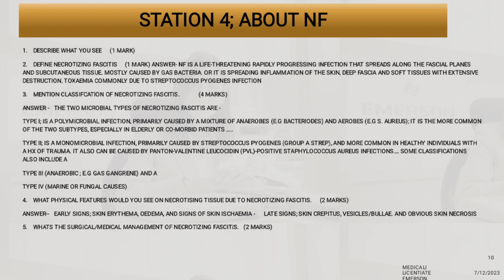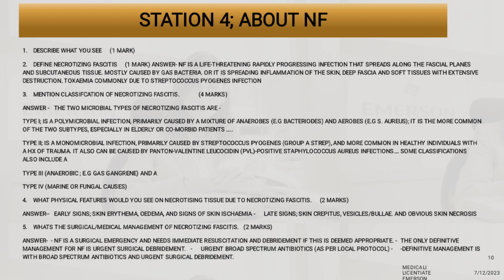Then under the surgical management of necrotizing fasciitis, this is a surgical emergency and needs immediate resuscitation and debridement if this is deemed appropriate. Then the only definitive management is urgent debridement, and the same urgent debridement has to be done in loops. So urgent broad spectrum antibiotics as per protocol.